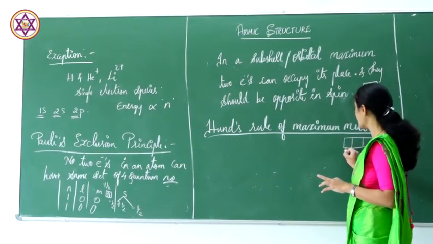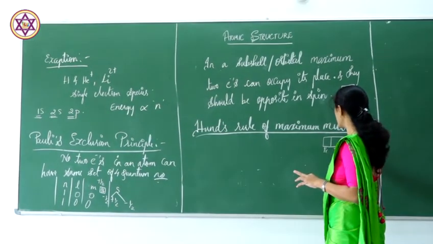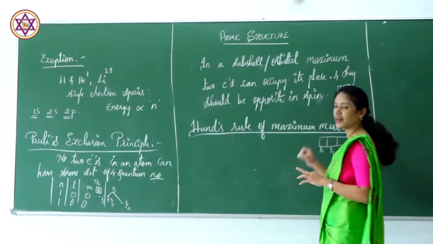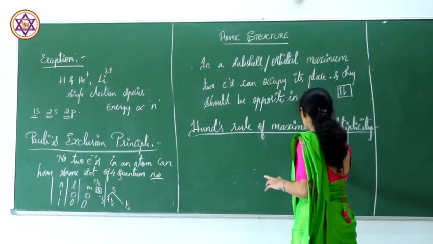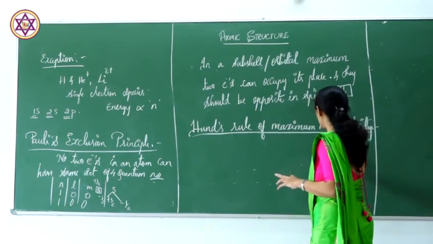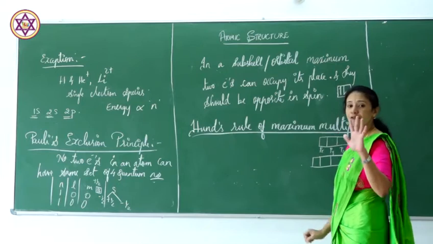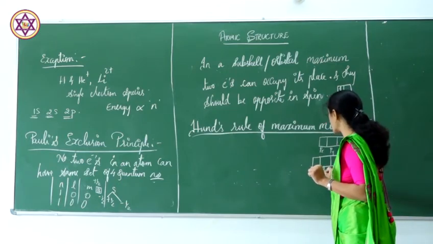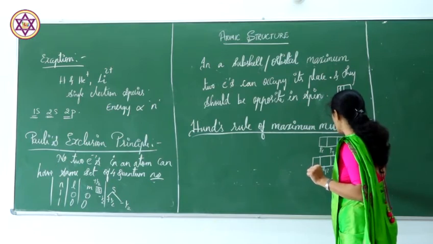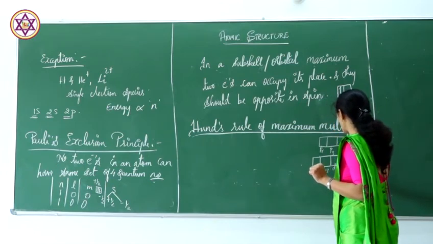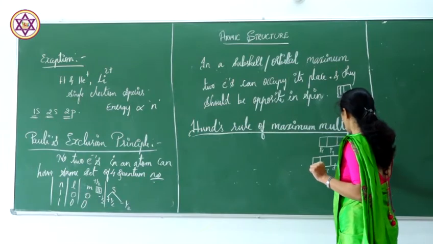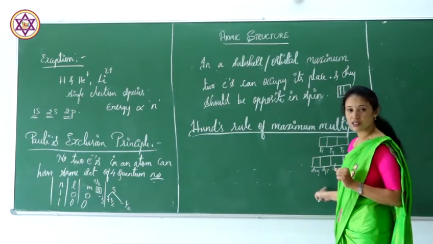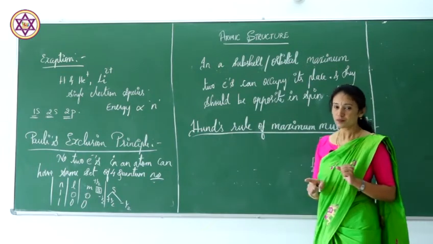There are 3 degenerate orbitals in the p subshell, that is px, py and pz. And in the d subshell, how many degenerate orbitals are there? There are 5 degenerate orbitals, that is dxy, dyz, dzx, dx square minus y square, and dz square.